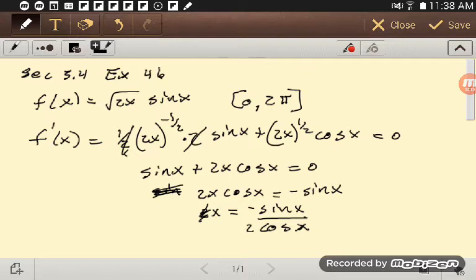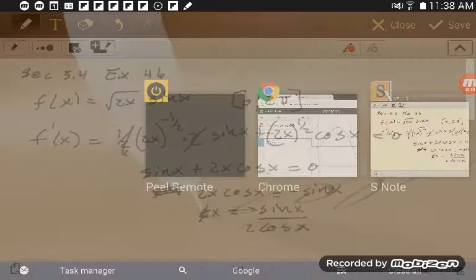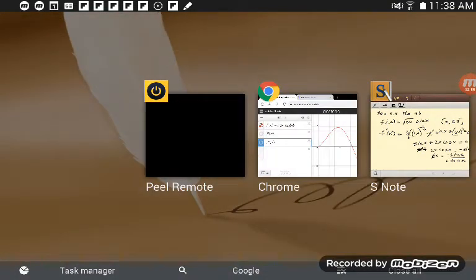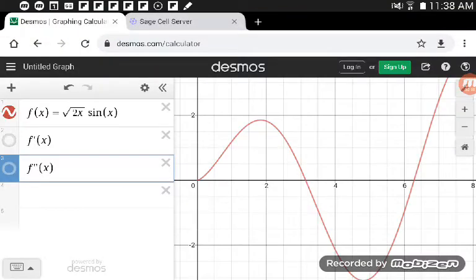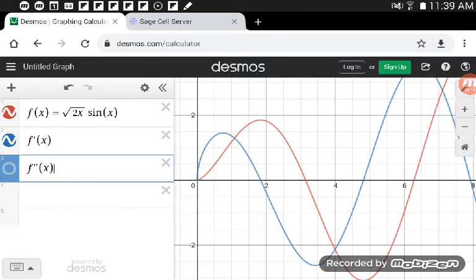Okay, so going to technology, here we have Desmos, and here's from 0 to 2 pi, square root of 2x sine x, and there's the graph, and all I had to do was then say f prime.